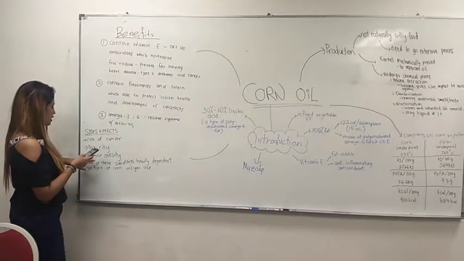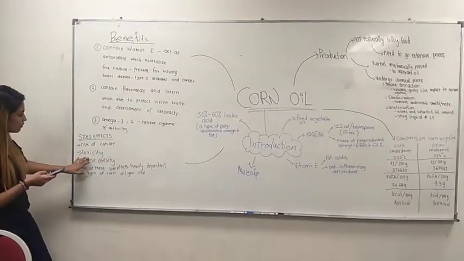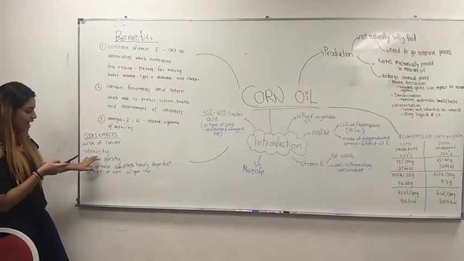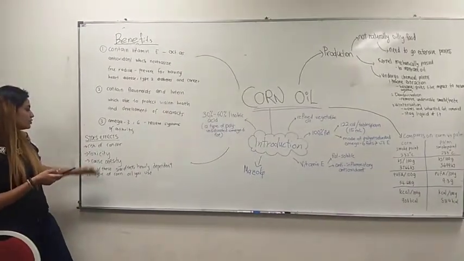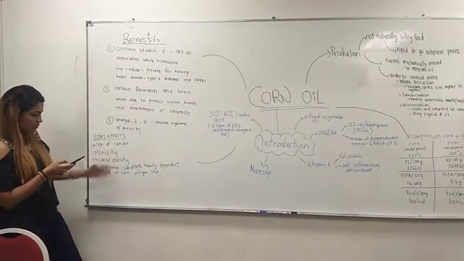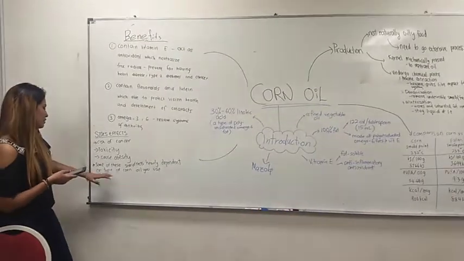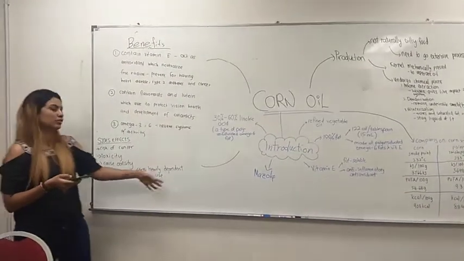And toxicity, caused by the high level of pesticide used in agricultural practices that causes toxicity in the oil. So it depends on what type of corn oil you use.